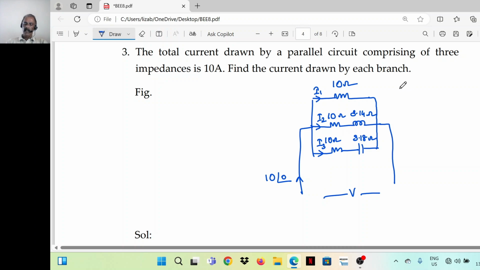So equivalent impedance can be found out using the equation. Say like in DC circuits, 1 by R equivalent is equal to 1 by R1 plus 1 by R2 plus 1 by R3, etc. The same equation can be used here.